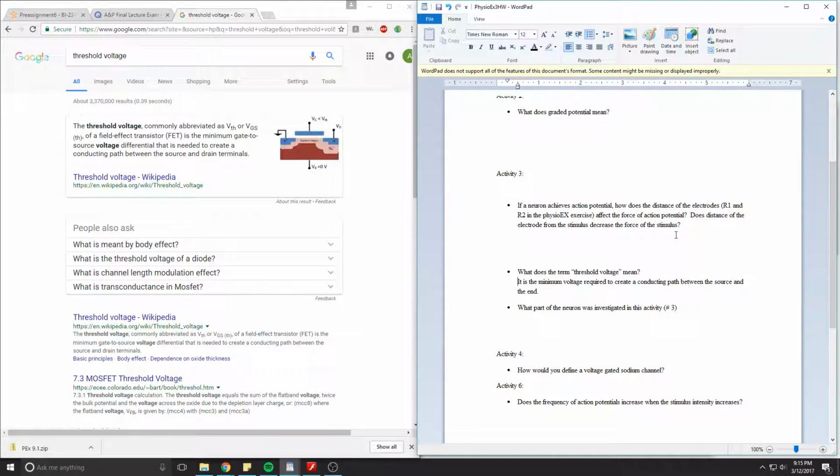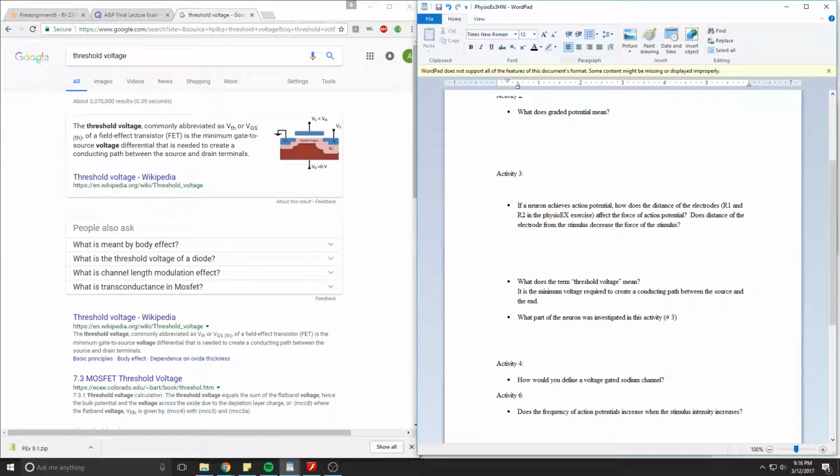Alright, let's see what we've got for the first question. If a neuron achieves action potential, how does the distance of the electrodes R1 and R2 in PhysioEx affect the force of the action potential? It does not decrease the force.